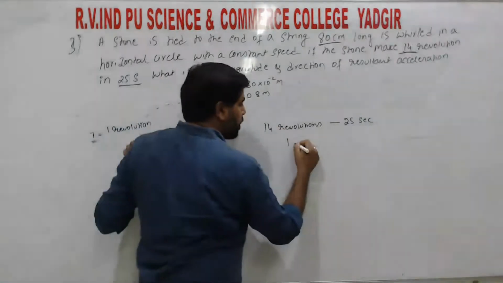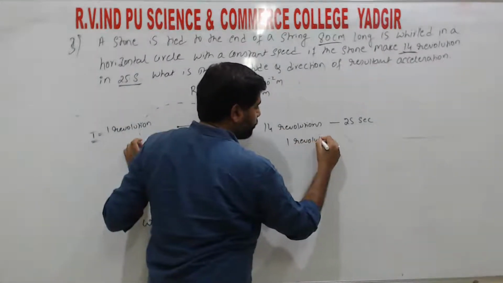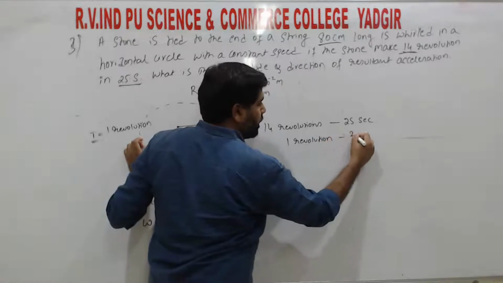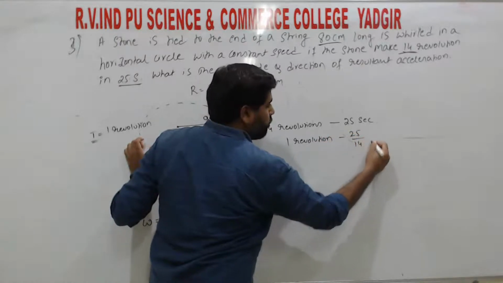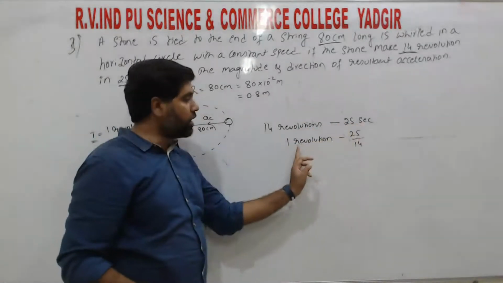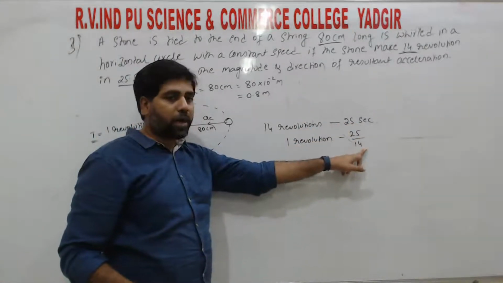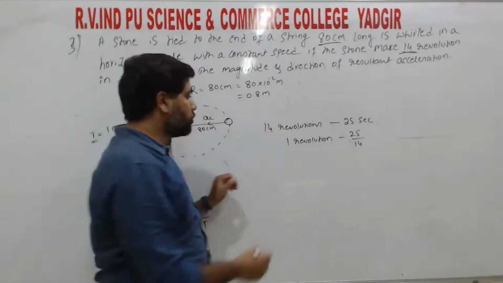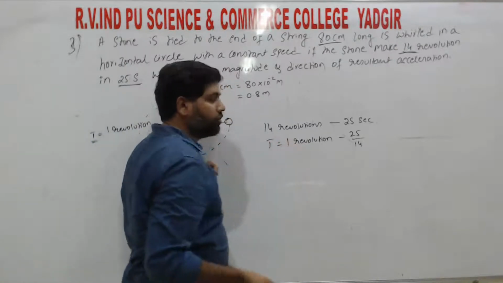So here for one revolution it becomes 25 divided by 14. So 14 revolutions take 25 seconds, so one revolution takes 25 divided by 14. This gives the time period T, right?